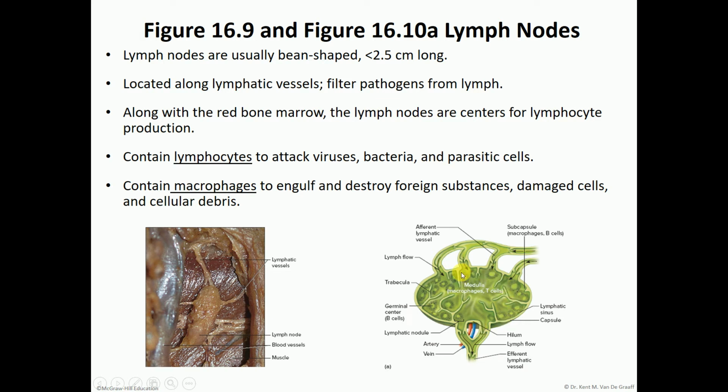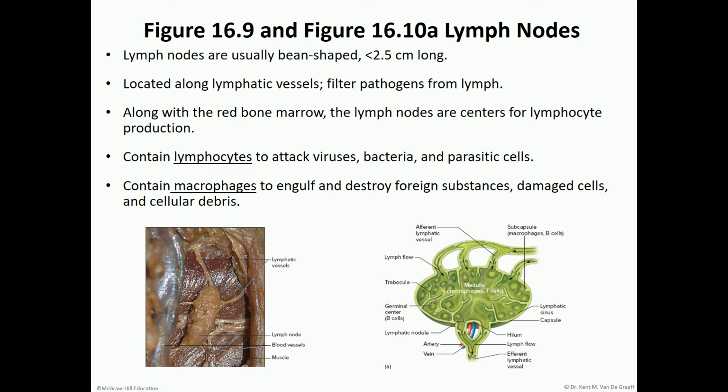On the inside of the lymph node, there's a cortex on the outside, and that cortex has lots of germinal centers that are making B lymphocytes. The medulla of the lymph node, the innermost part, has lots of macrophages and T lymphocytes.